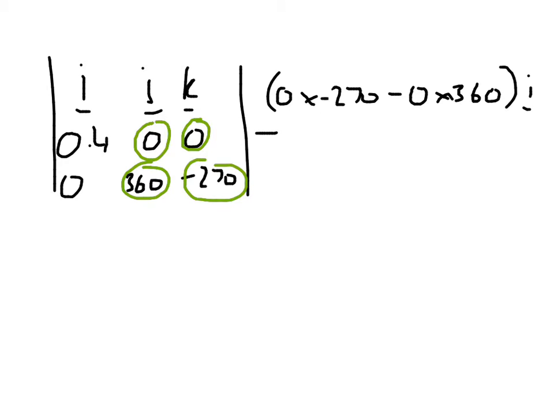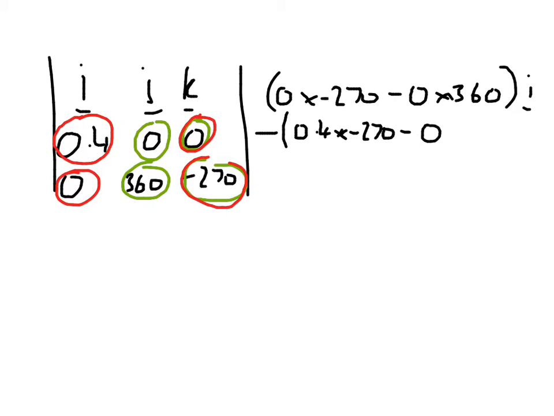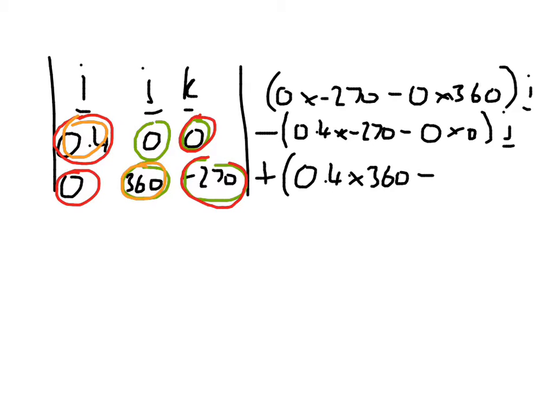We're going to do minus because it's the j section: 0.4 times minus 270 minus 0 times 0. Plus what we've got left, 0.4 times 360 minus 0 times 0.